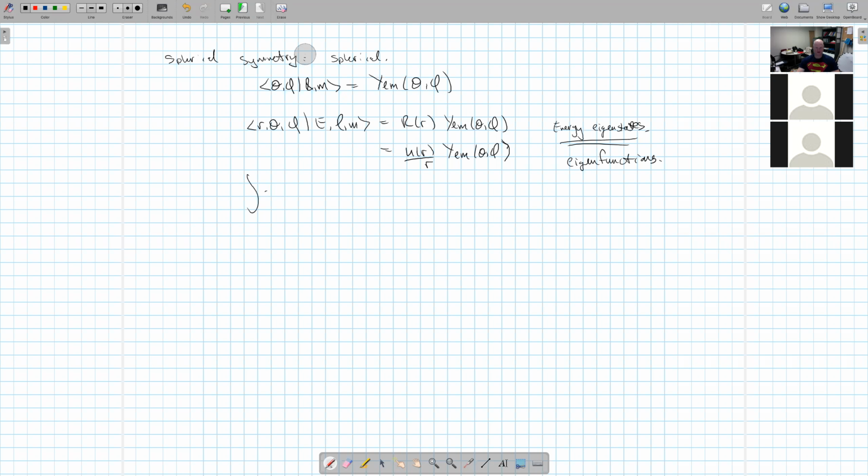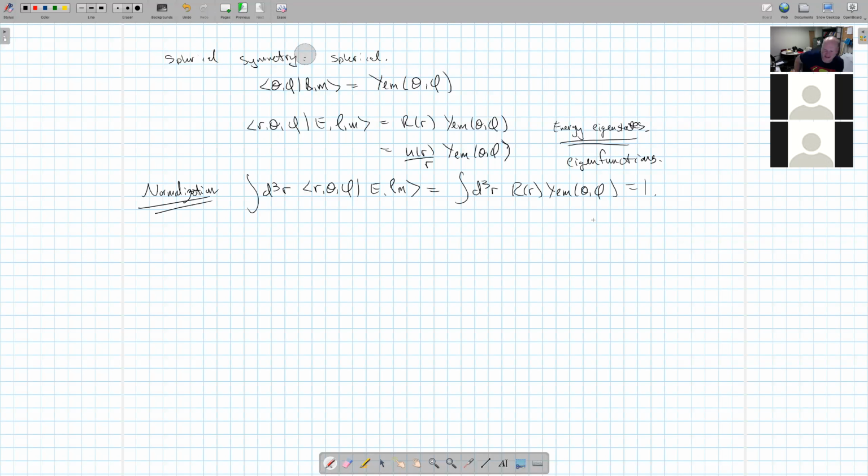So I have to integrate d3r of r, theta, phi, E_lm, which must equal the integral d3r of R(r) Y_lm(theta, phi), and this has to be equal to 1 since this must be normalized. So this is our normalization condition.